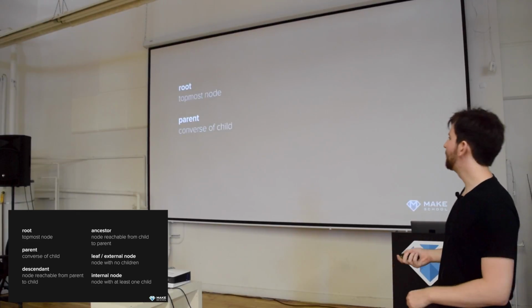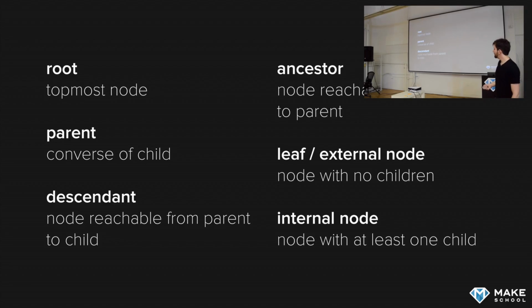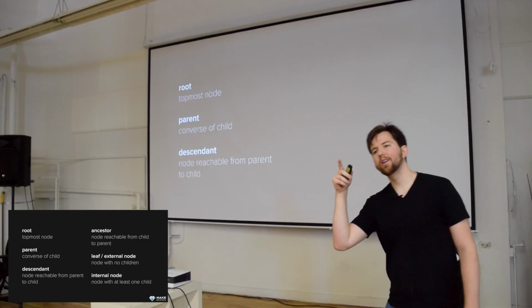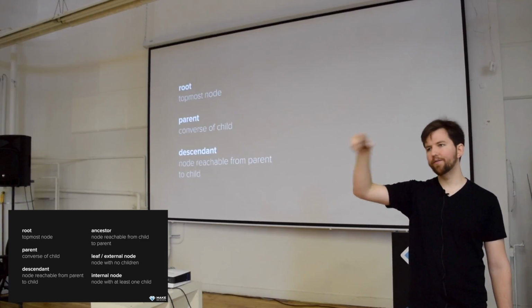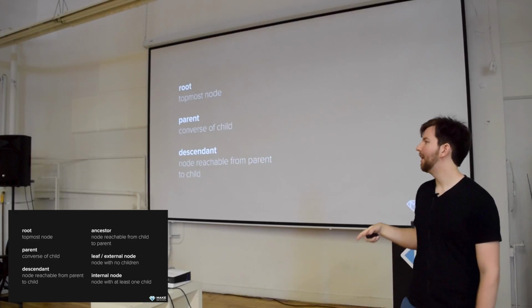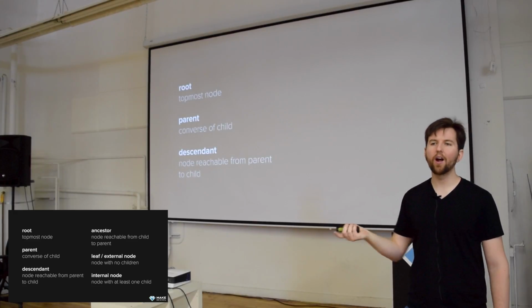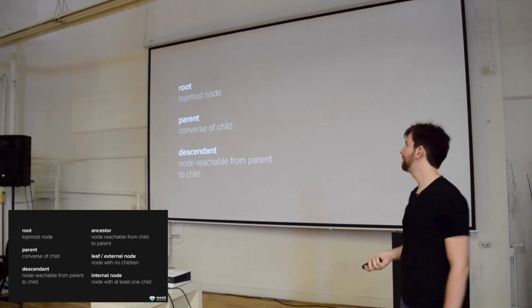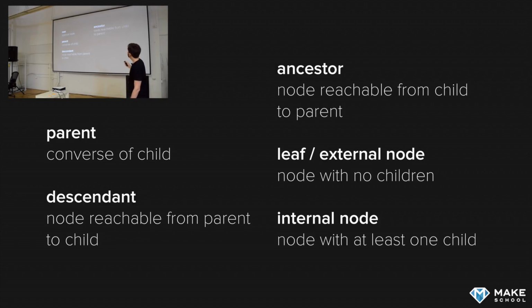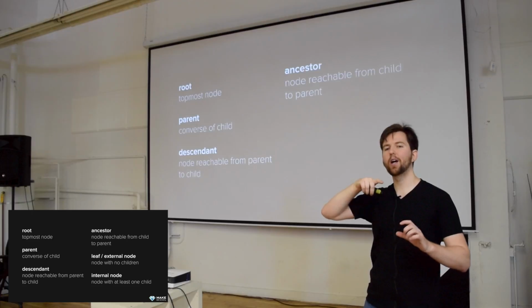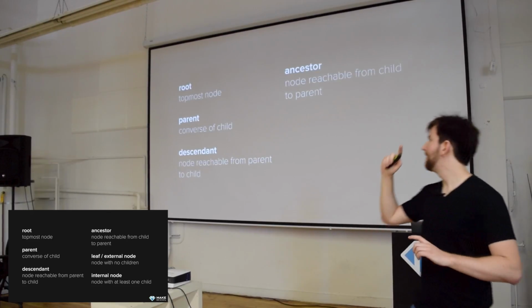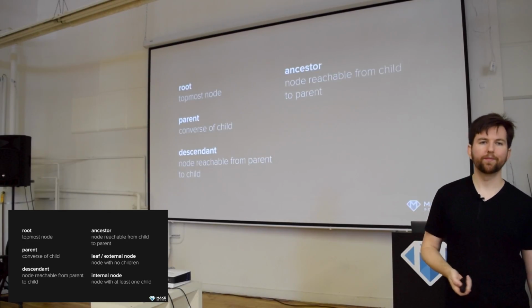That's fairly straightforward. Descendant is any node that's reachable from a parent. So if you can take a node and then follow down the children path until you find this other node, then that other node is the descendant node. Ancestor is any node reachable from child to parent. So if you go the opposite direction from child to a parent node, then that parent node can be called an ancestor.